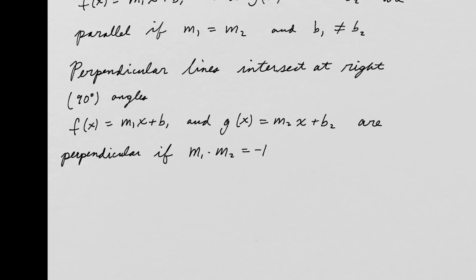Or the other way of saying this, you could solve that equation for m2, and say if m2 is negative 1 over m1, then they're also perpendicular. So if one slope is the negative reciprocal of the other slope, then the two lines are perpendicular.